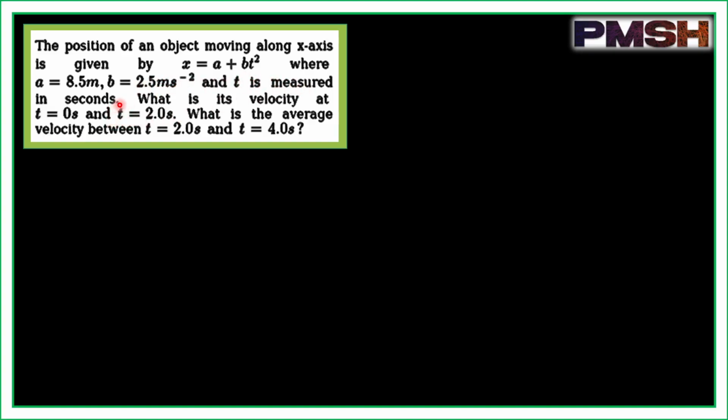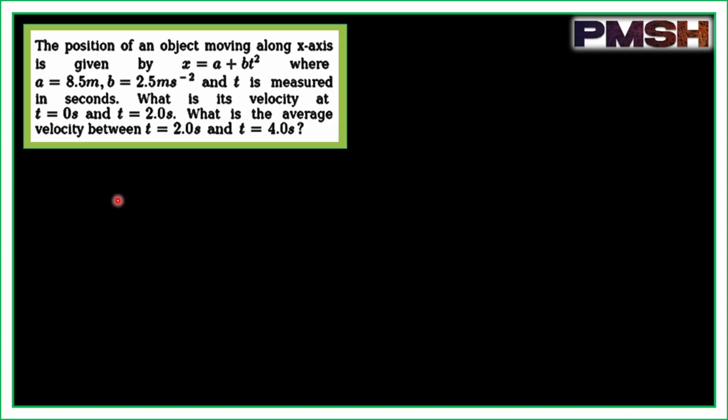Now the question is, what is the velocity at t is equal to 0 seconds? That means you have to find the initial velocity, and also at t is equal to 2 seconds. Okay, 2.0 means 2 seconds. Now the next question is, what is the average velocity between t is equal to 2 seconds and t is equal to 4 seconds? So you are supposed to find the average velocity.